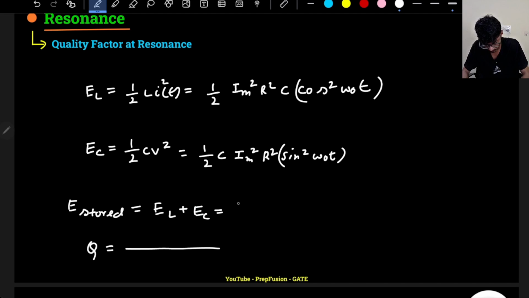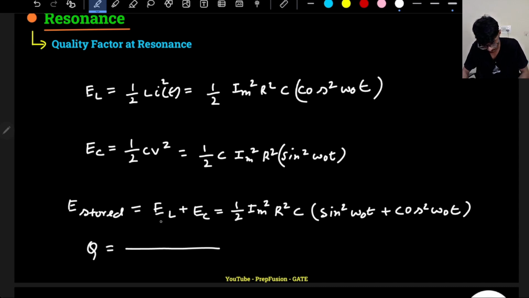So this will be half Im square into C, into sine square omega naught t plus cos square omega naught t. Basically this will be 1, so this will be half Im square R square C.